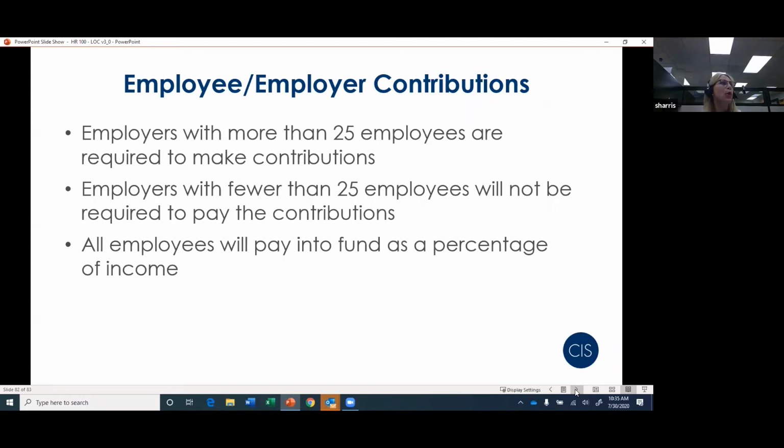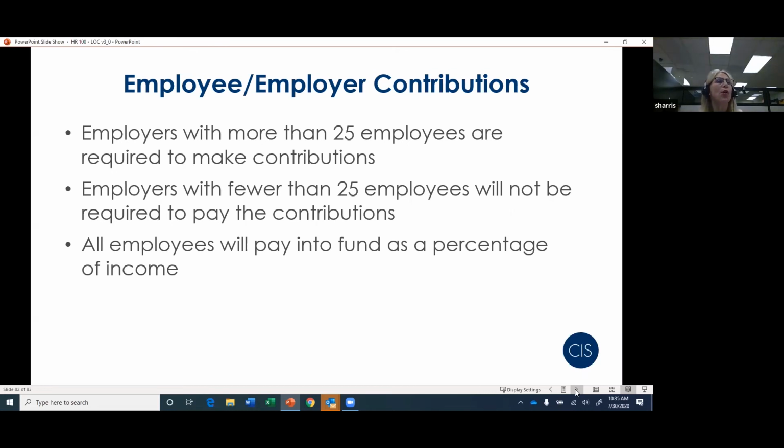So employers that have more than 25 employees, you're going to be required to make contributions. Employers with fewer than 25 employees will not be required to pay the contributions.